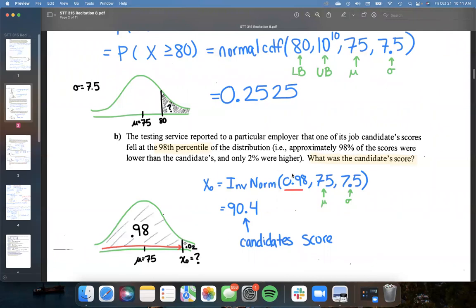So when we put it into our calculator, we're going to use 0.98 because our calculator goes from left to right, from negative infinity towards positive infinity. So the area under the curve we're going to use in our inverse norm function is 0.98 as opposed to 0.02. And then our mean is 75 still, and our standard deviation is 7.5. So you put that in your calculator and it'll give you 90.4. So that equals X0. That is the candidate score.